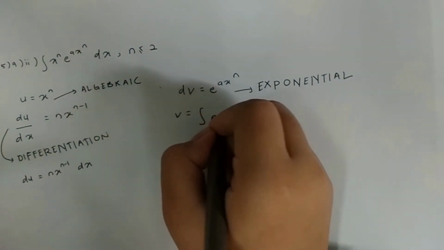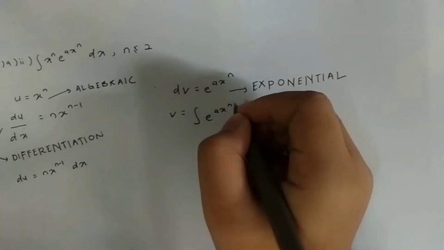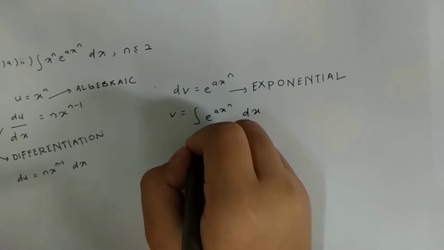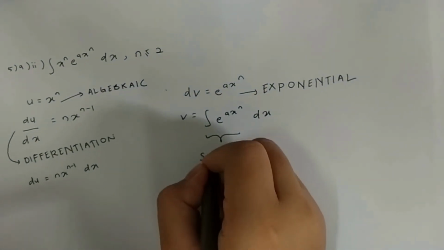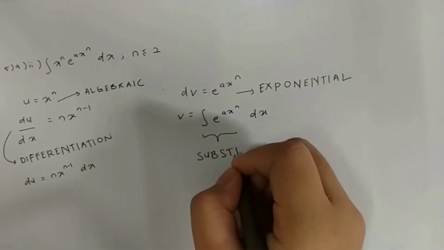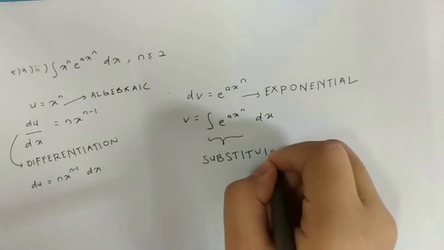And for v, we need to do the integration of e to the power of a x to the power of n dx. As you can see, we cannot do the usual integration for the v. We need to use the substitution method.